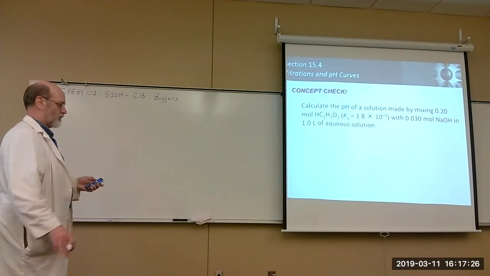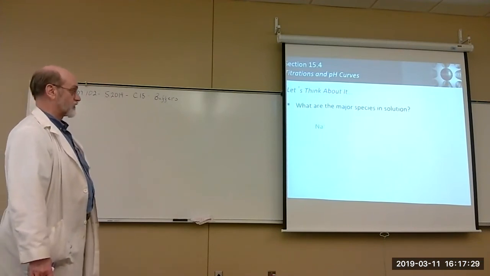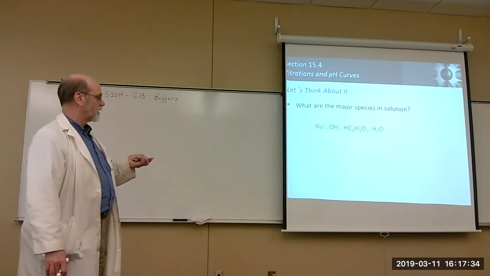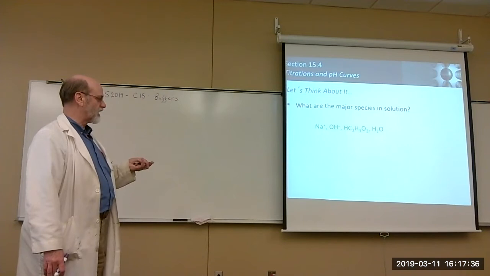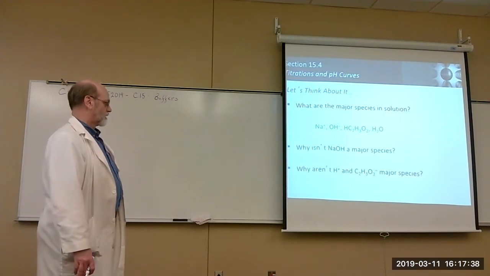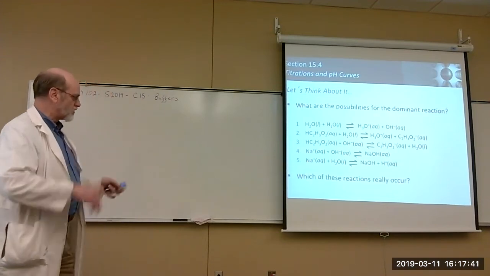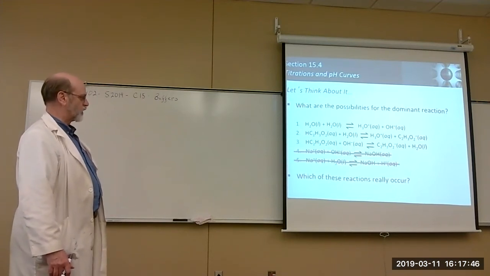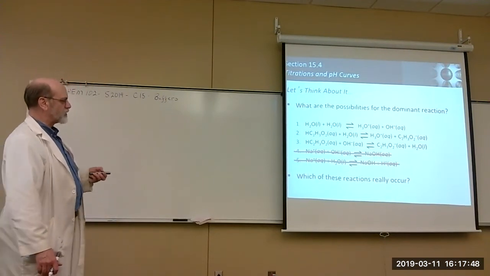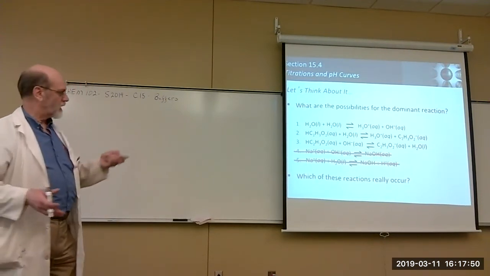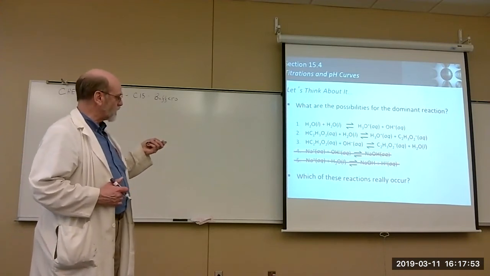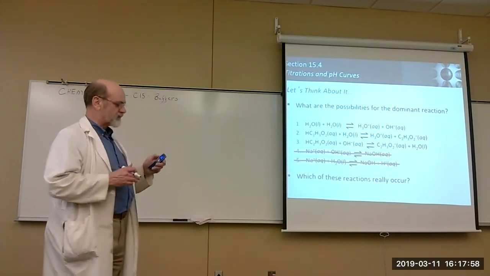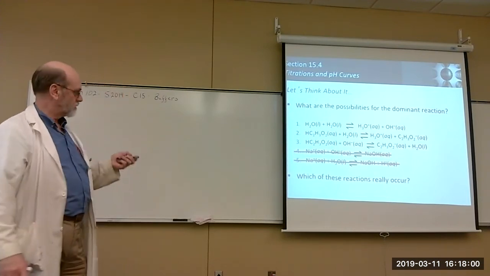First of all, what are the major species before you get started? Sodium and hydroxide completely dissociate. Acetic acid is still there, water is still there. So we write our major reactions, throw these bottom two out, because they're just stupid. And then we know the pKa of this one, and we just calculate the pKb for this one, and I guarantee it's going to be bigger than either of the first two.